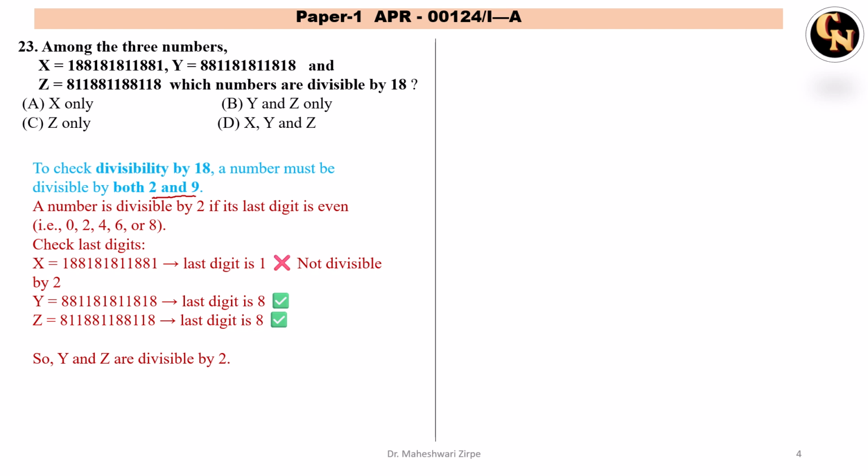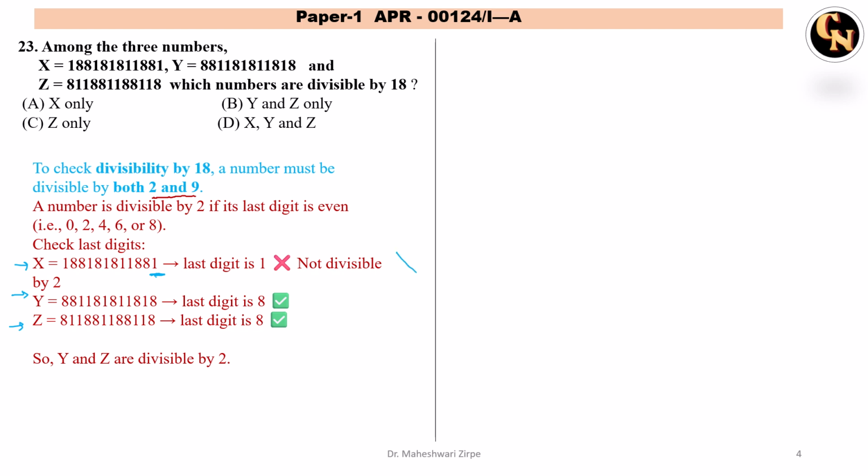What we have done here is written the x value, y value and z value which they have given in the question. Now how to check them? Don't keep on dividing, just find out the last digit. In x, the last digit is 1, and we have learnt in our school days that if the last digit is 1, it cannot be divisible by 2.